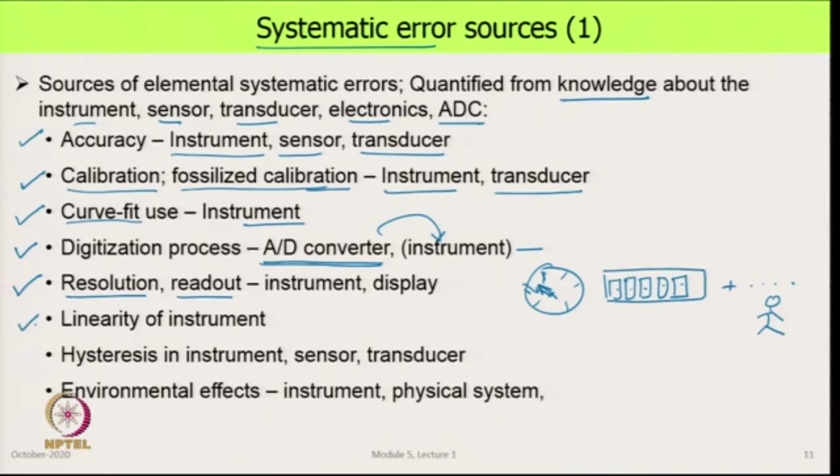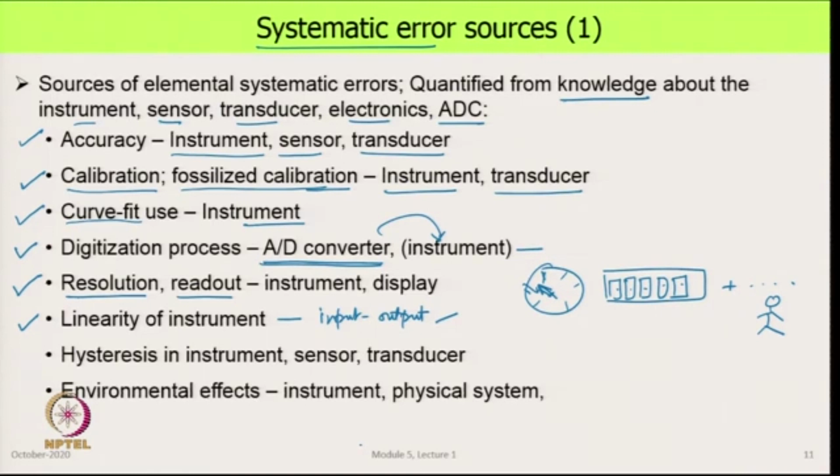Then we have questions of linearity of the instrument. By linearity we mean that the relation between the input and the output, typically of the sensor or the transducer, is a linear function. You double the input, you get double the output. Most sensors and transducers would be like that, but when they are put in an instrument or when we are using them, there will be regions, especially at the extremities, where the instrument is not linear.